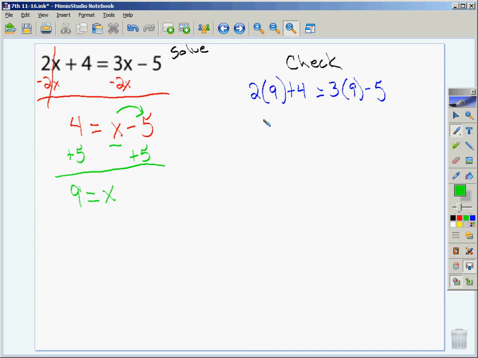What is 2 times 9? 18. Plus 4. What is 18 plus 4? 22. So when I work out this other side, 3 times 9 is 27. And when I subtract 5 from 27, it also gives me 22, and I can see that my answer came out the same, so it does check. I have the ability to make sure that my answer is right. Everybody okay with the two equations? Okay.